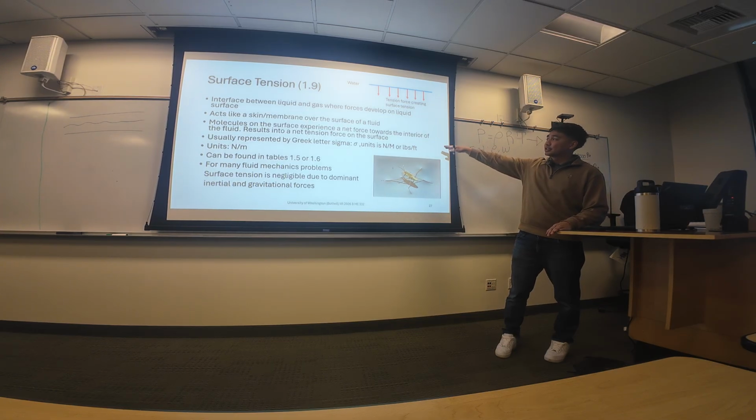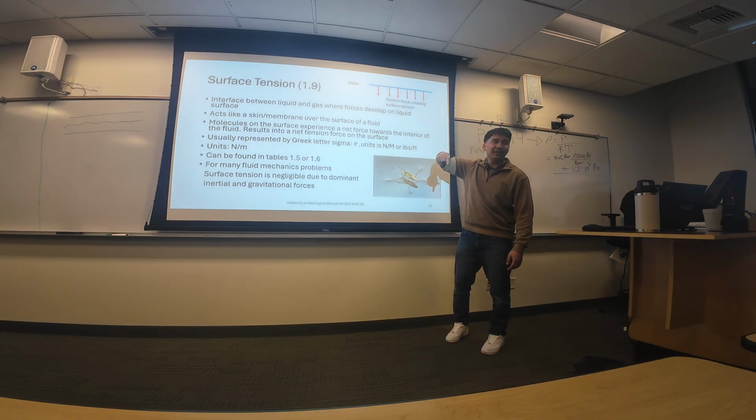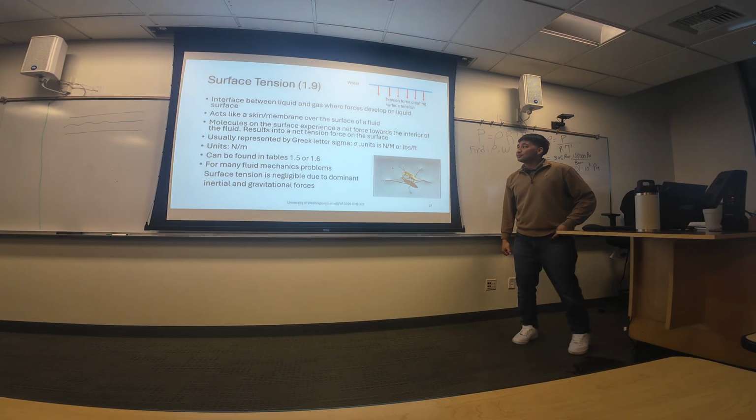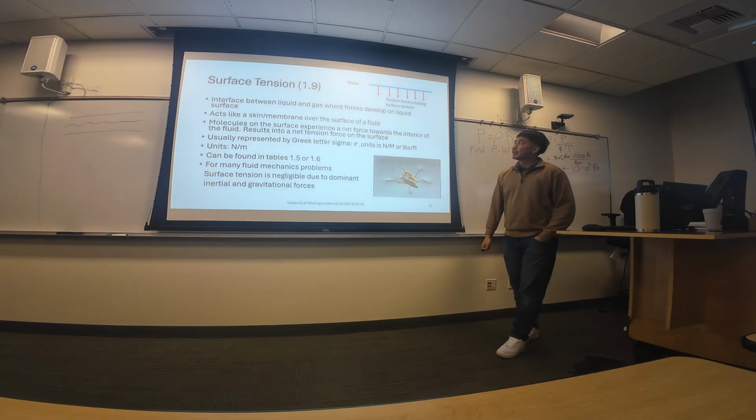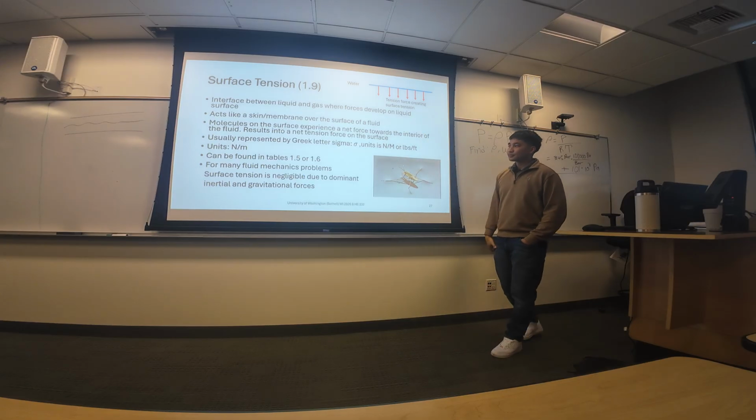A net force is exerted downwards as you get deeper into the liquid. That results in a net tension force, a tension on the surface pulling down. And that's why that surface of your water exists. If you think of water molecules here, I didn't want to draw a bunch of circles, it's literally pulling downwards, so you have that surface tension.